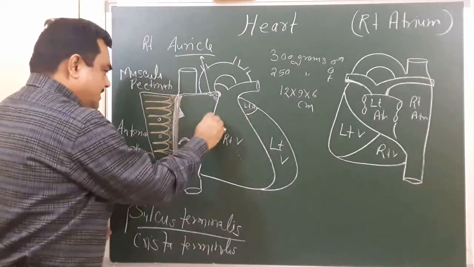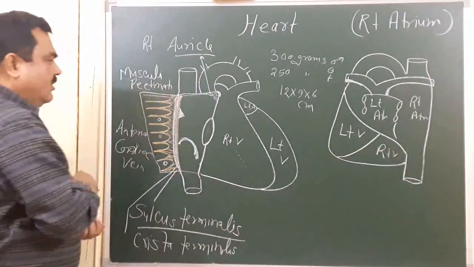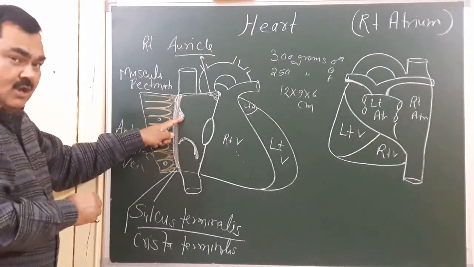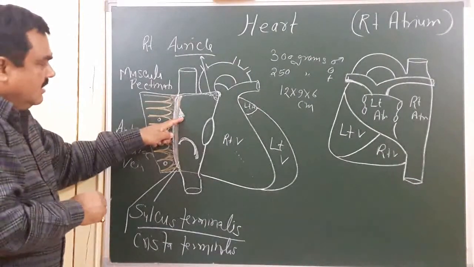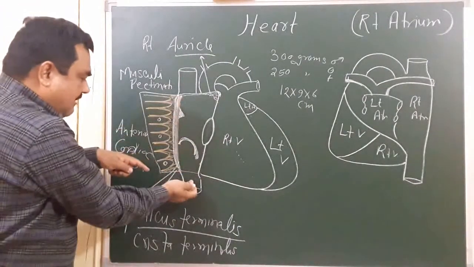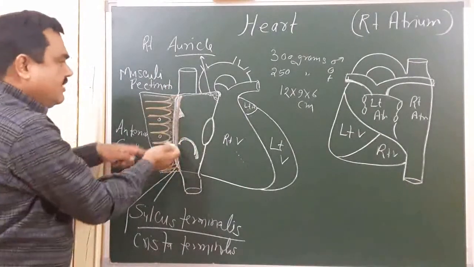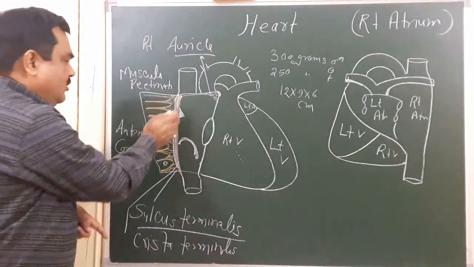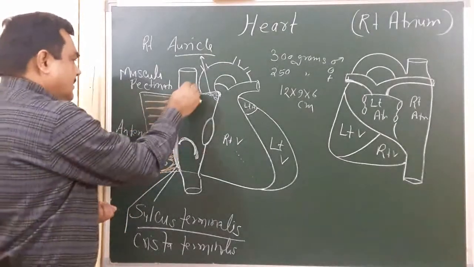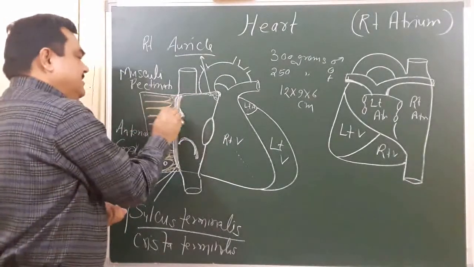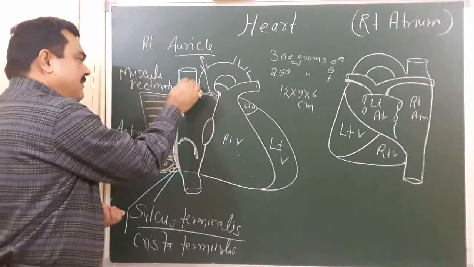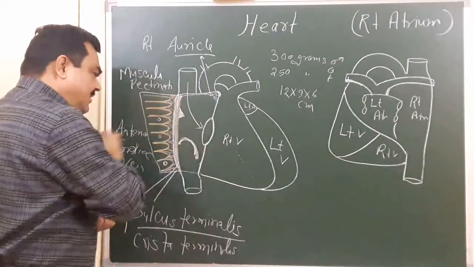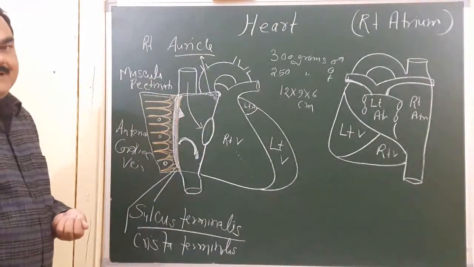If you remove this wall, this is the atrioventricular orifice. This is the superior vena cava, the inferior vena cava, and it lies between these two venae cavae: the intervenous tubercle. During intrauterine life, this tubercle directs blood flow towards the right atrioventricular orifice.